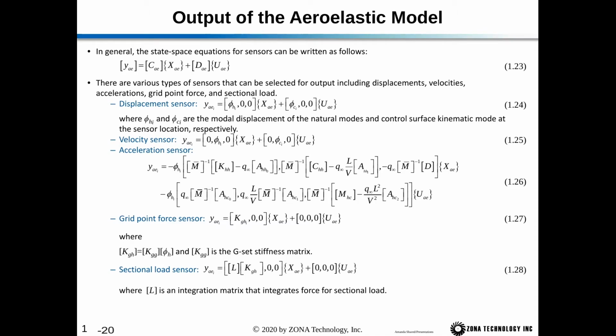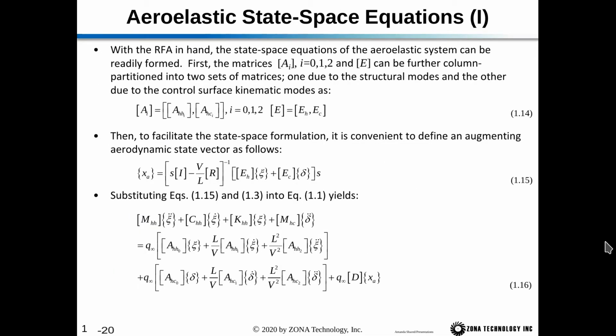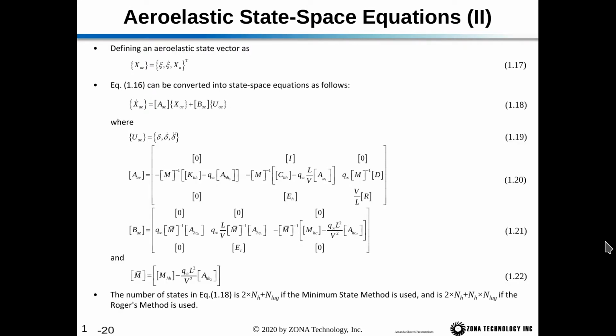However, if we go back to this slide here, we can see that c double dot is this middle row. So c double dot is this term times c plus this term times c dot plus this term times xa plus this term times delta plus this term times delta dot plus this term times delta double dot.